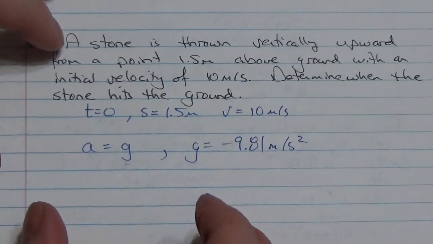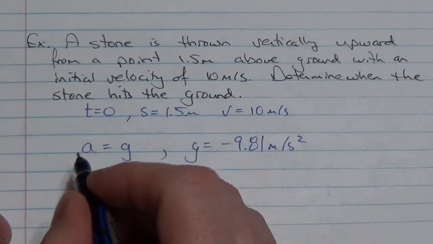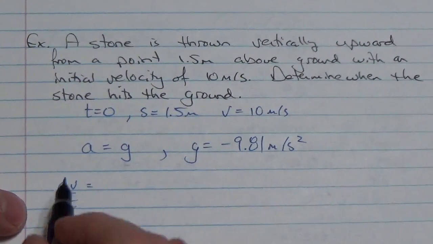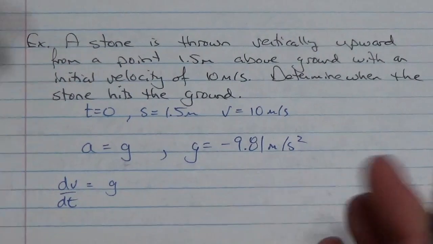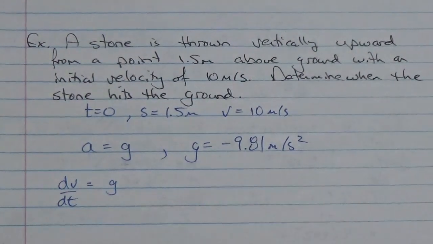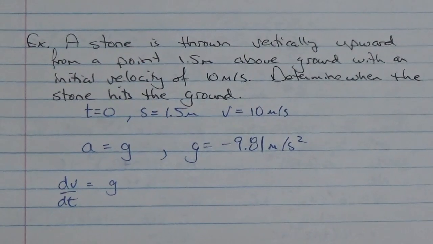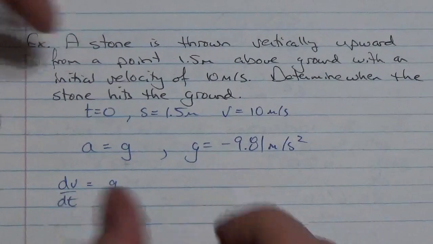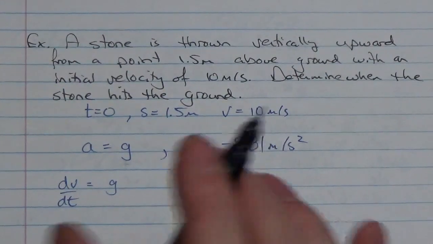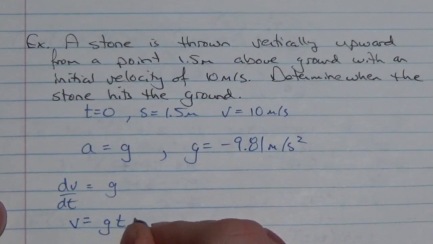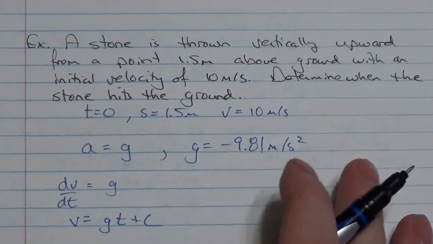So that's actually where we can start. Now I know that my derivative of velocity is going to equal the constant g. I could write negative 9.81 over and over again, but I'd rather just use the letter g, and I think most people will understand what's going on here. Now, when I take the antiderivative, I'm going to get gt plus c.